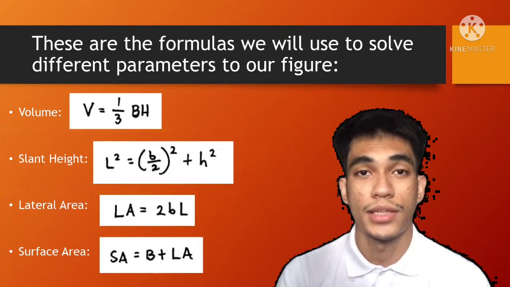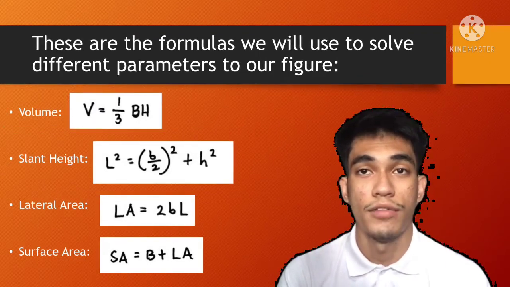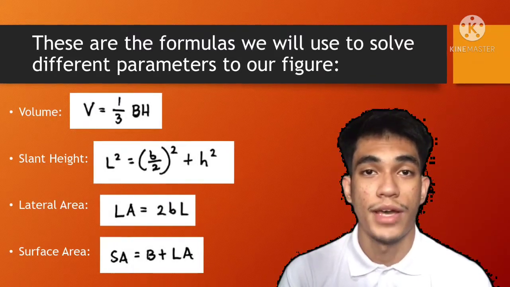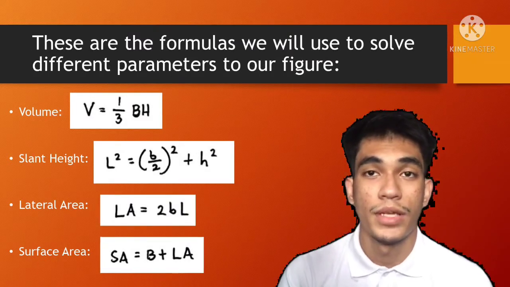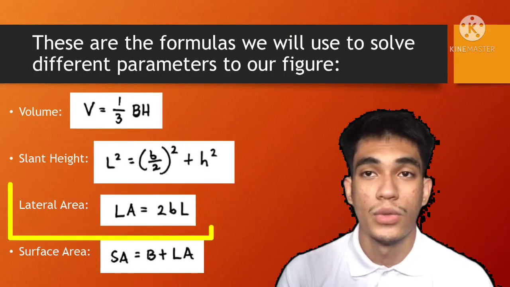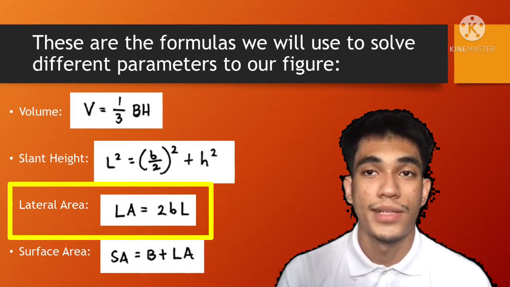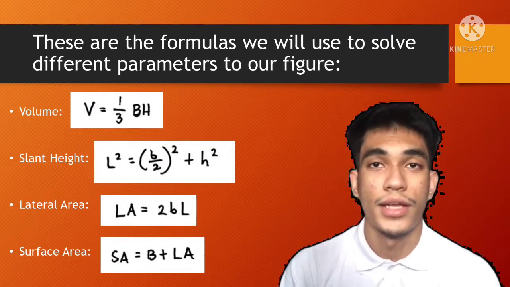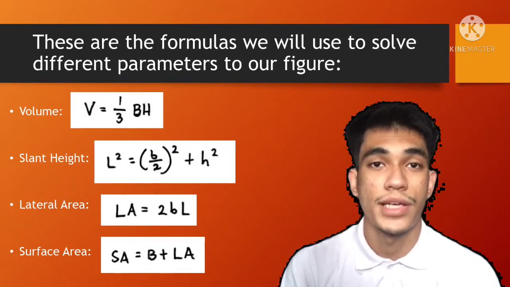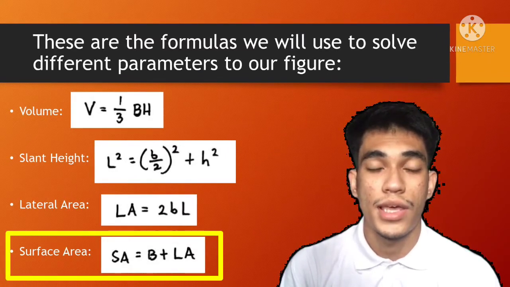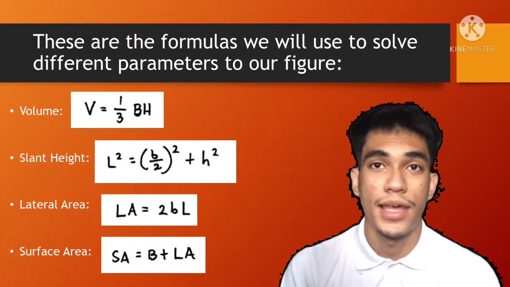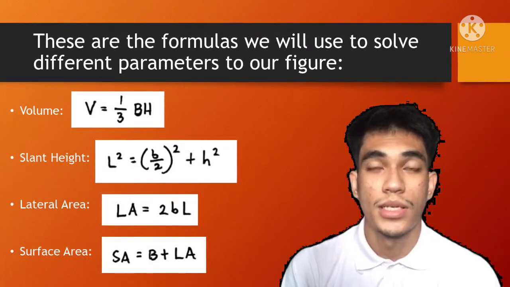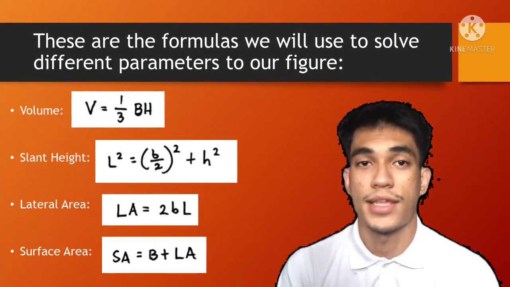We will let L be the slant height, so L squared equals (base divided by 2) squared plus height squared. For lateral area, we have LA equals 2 times base times slant height, or L. And lastly, for surface area, we have SA equals B plus LA, or SA equals base squared plus 2 times base times slant height.